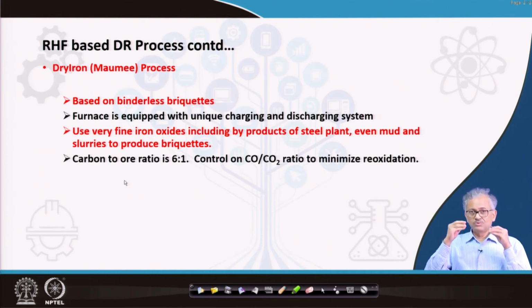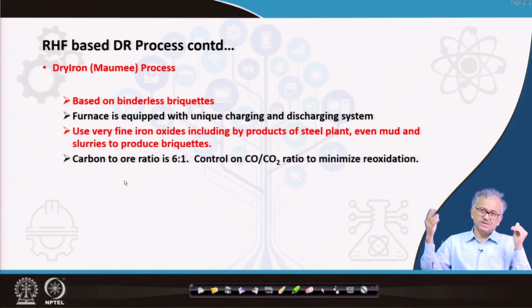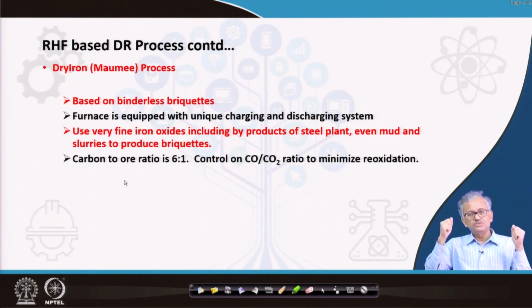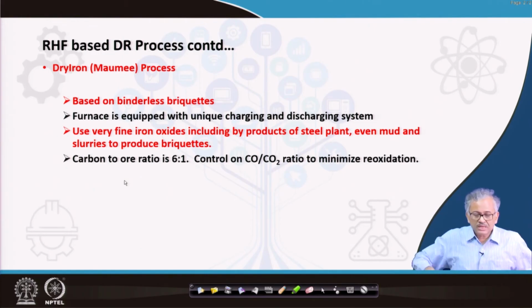So, in the CO-CO2 environment, you have to keep more than 70% CO. I am just giving a theoretical idea. At 900 degrees centigrade, that is from the thermodynamic diagram we have seen. So, your CO-CO2 atmosphere has to be maintained. In this gas mixture of CO-CO2, the percentage of CO has to be greater than 70%.